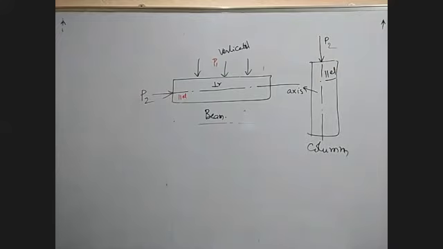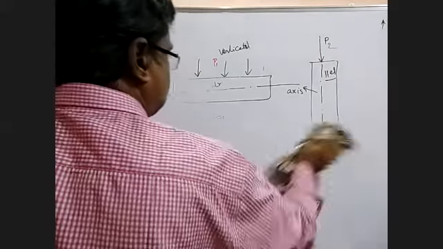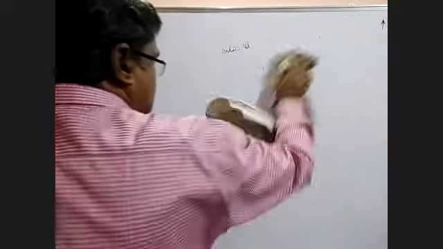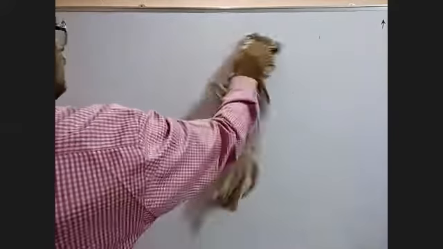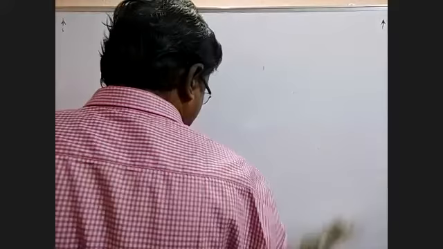Okay. Now we have types of problems. We have studied about the type of columns, different types of columns. Now you have 3 different types of problems in this unit, in this chapter, compression members.